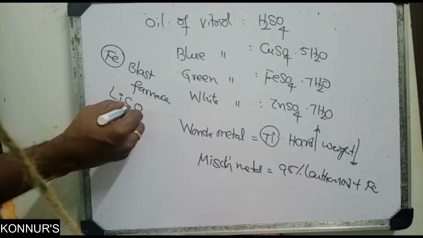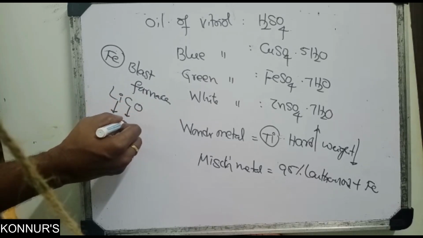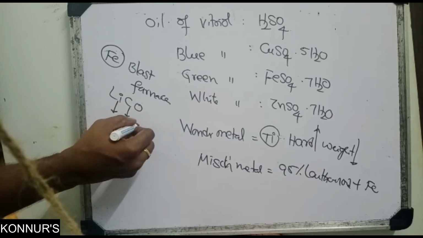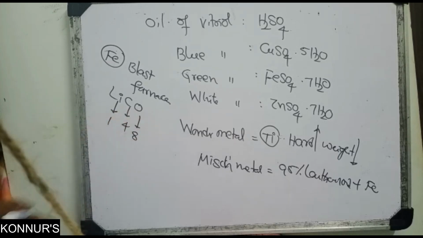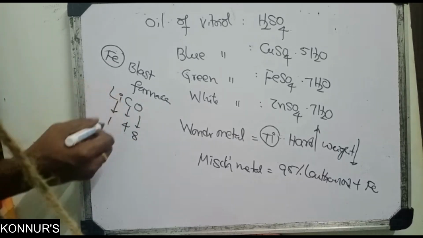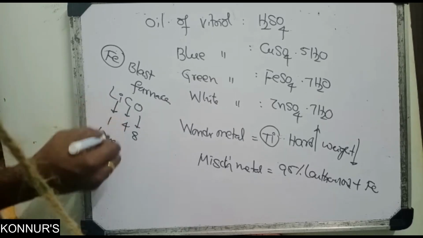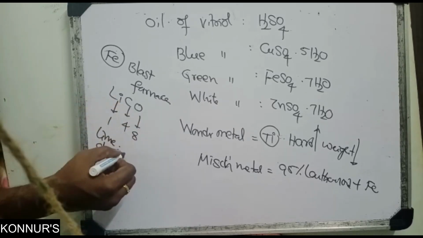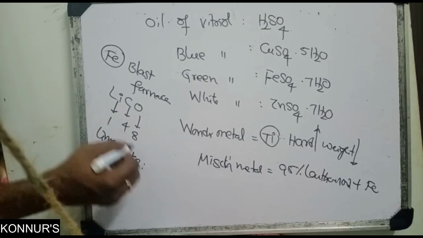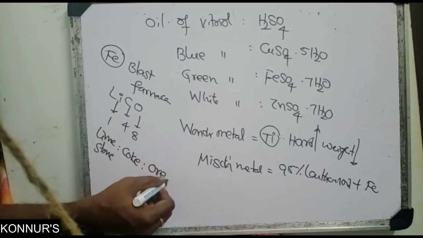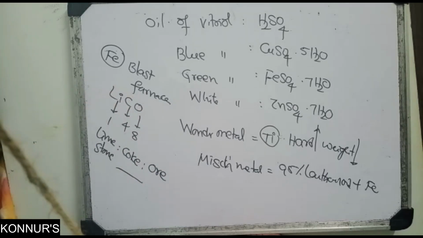So that is 1 is to 4 is to 8. So lico 148 you can write. This is limestone. Limestone is 1. Next, coke. Coke is 4 is to ore. So like this, any other important compounds you can take.